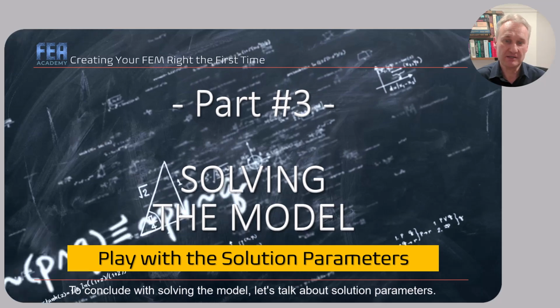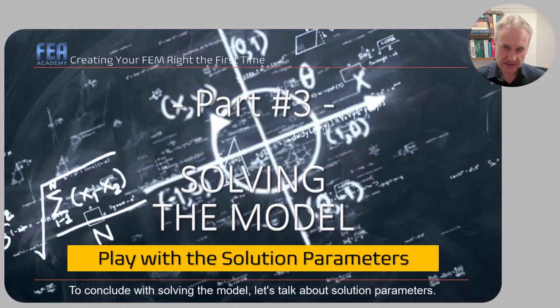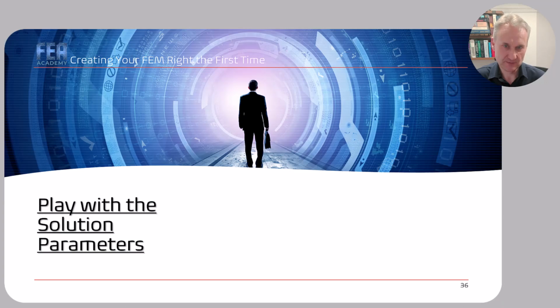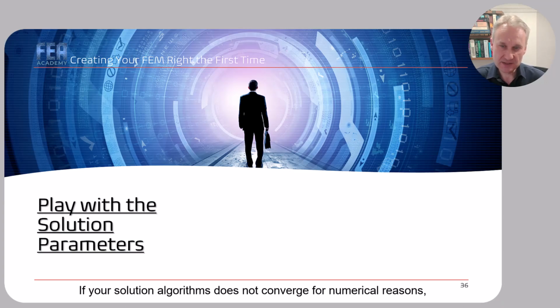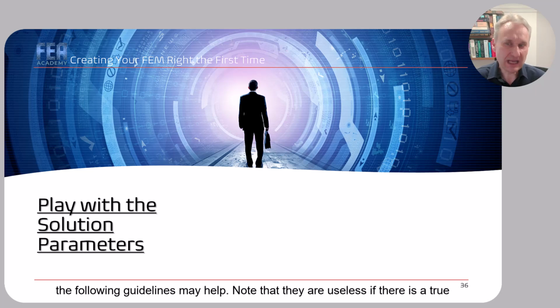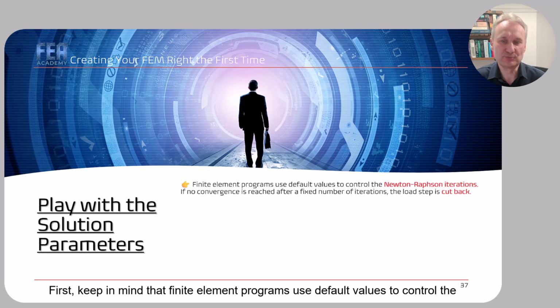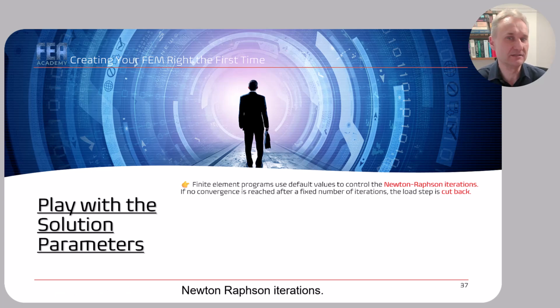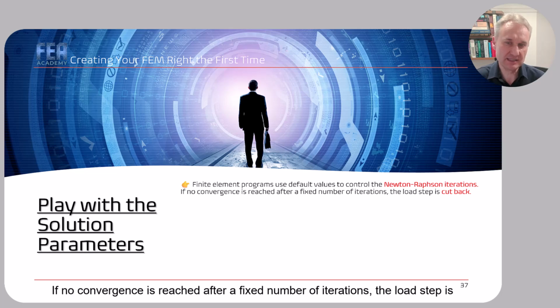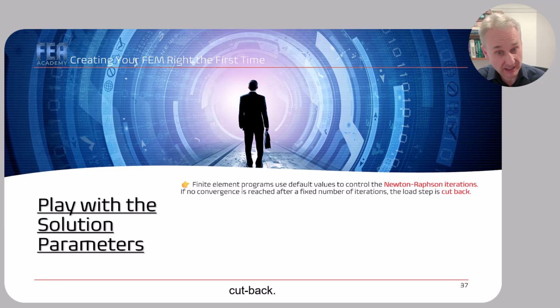To conclude with solving the model, let's talk about solution parameters. If your solution algorithm does not converge for numerical reasons, the following guidelines may help. Note that they are useless if there is a true model instability. First, keep in mind that finite element programs use default values to control the Newton-Raphson iterations. If no convergence is reached after a fixed number of iterations, the load step is cut back.